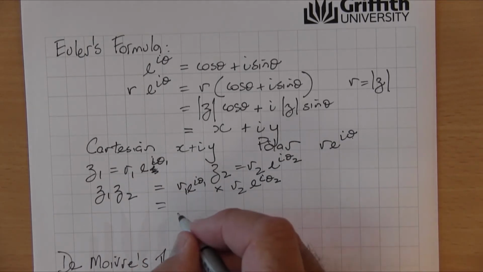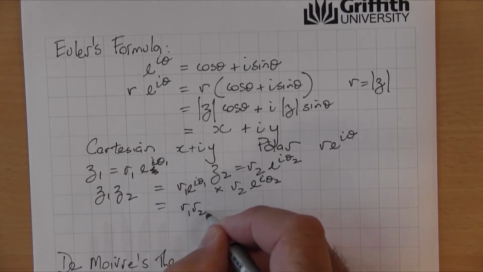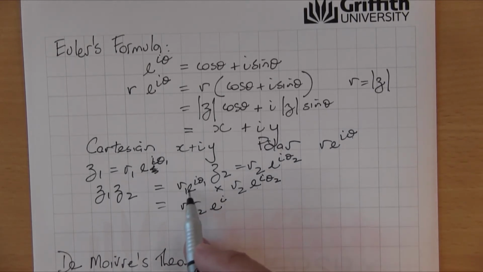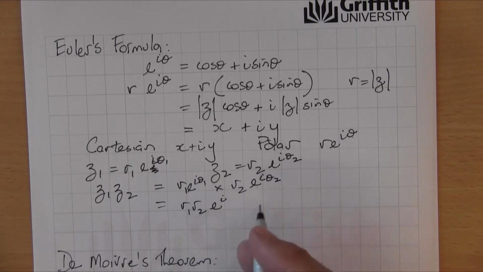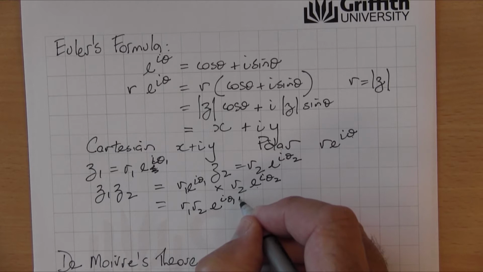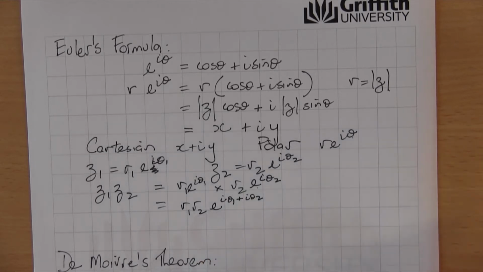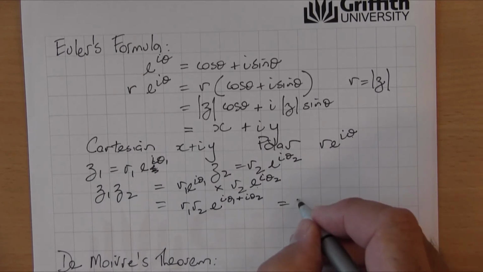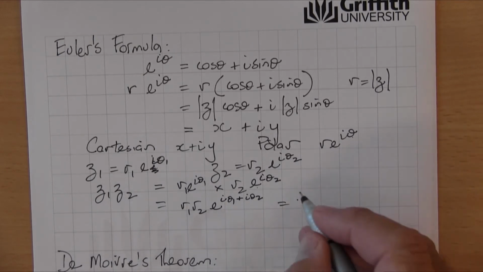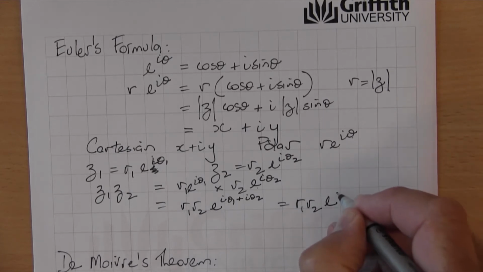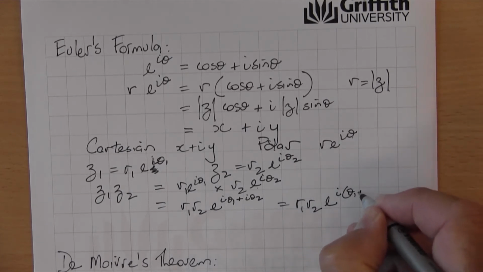We can multiply the coefficients there, r1, r2, e to the i. Now, when you're multiplying like bases, and the bases are e, we add the indexes, i theta 1 plus i theta 2. And i is common to both of those two terms in that power there, so we can write r1, r2, e to the i outside of theta 1 plus theta 2.